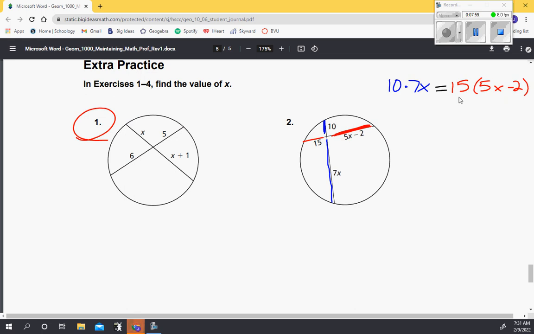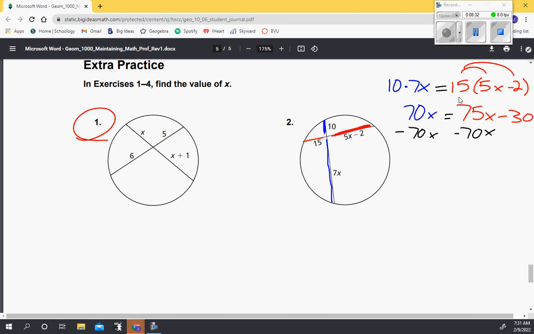So on the left side of my equation, 10 times 7x is 70x. On the right side, I have to distribute. 15 times 5x is 75x. 15 times negative 2 is negative 30. To solve this equation, I'm going to subtract 70x from both sides.